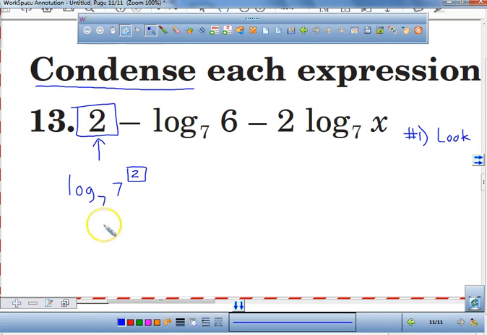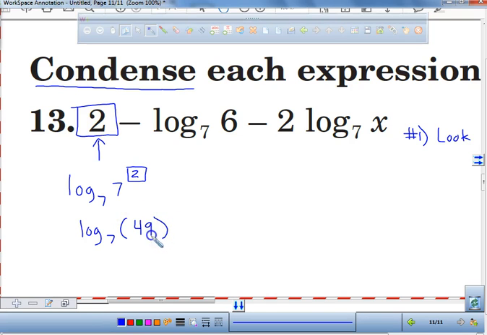Now, this can also be rewritten. What is 7 squared? 49. So the very first step, I want you to change the number 2 to log 7 of 49, because 7 squared is 49.